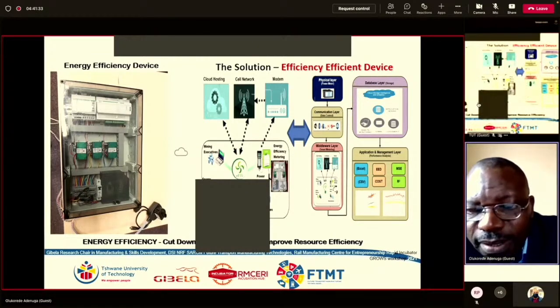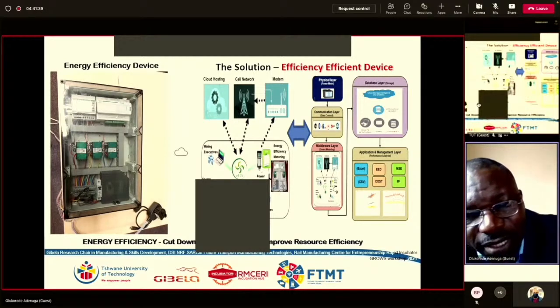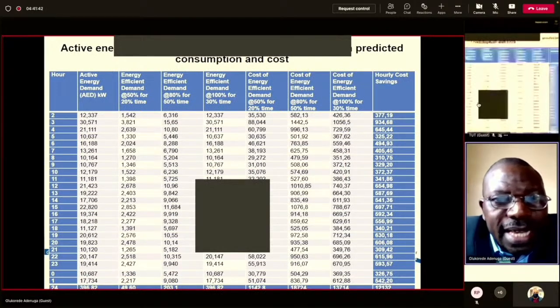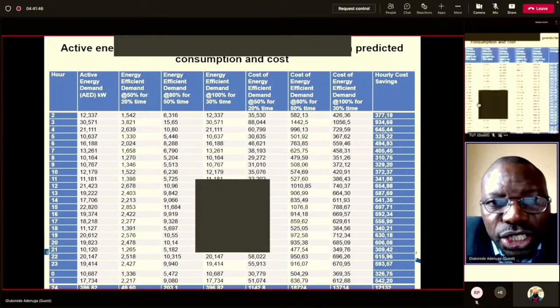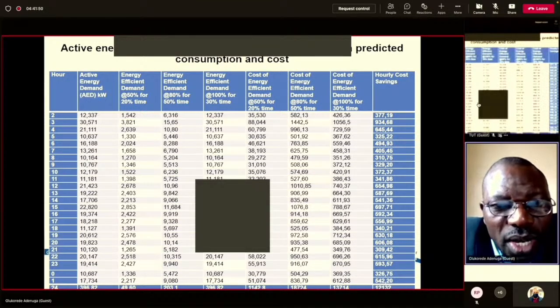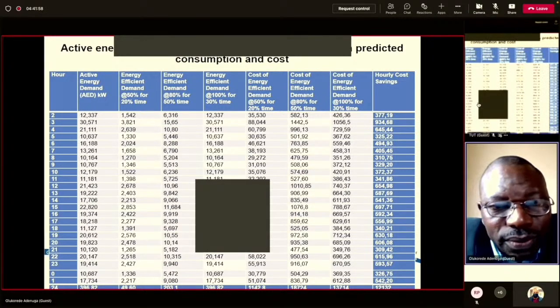And it's been tested, and I think it's being used in our center at Artfeed. This is a sample of the active energy usage consumption that is predicted when you are using such an amount. We take a case study of electric motors, which are a high contributor to energy consumption.